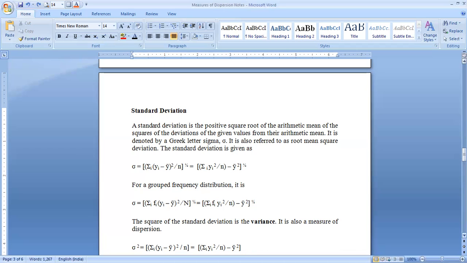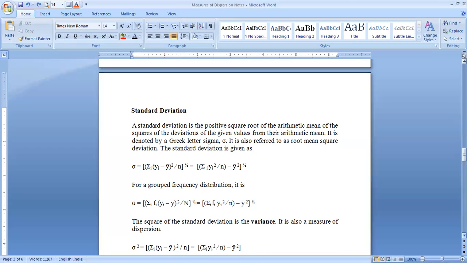And when we solve this formula further, it can be reduced to another formula, which is useful for the calculation part. This is given by sigma equals the square root of summation yi square upon n minus y bar square.